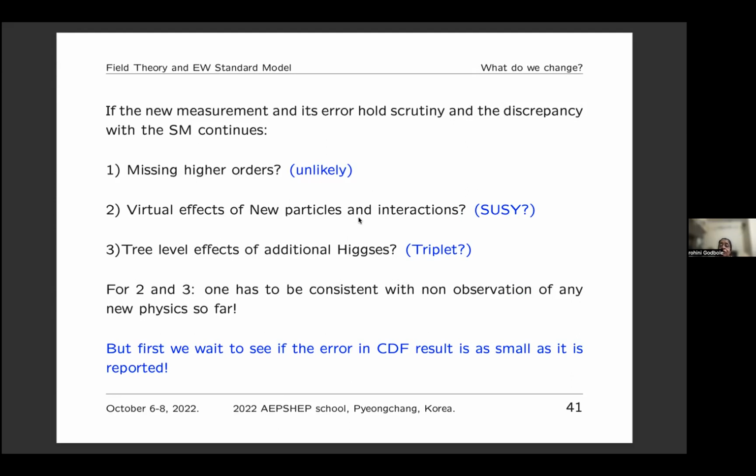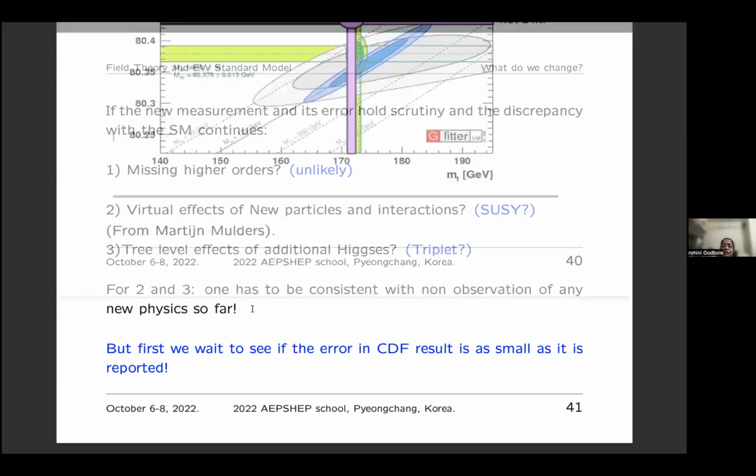Are there tree-level effects of additional Higgses? And for the second and the third to be a viable solution, you will also have to be sure that you are consistent with non-observation of any new physics anywhere else. But before that, we'll have to wait and see if the error in the CDF result holds up, and indeed it is as small as it is reported.